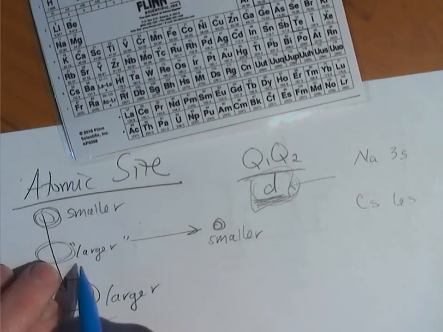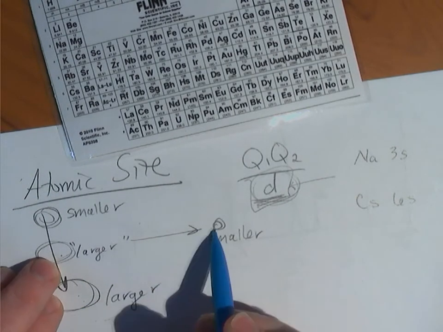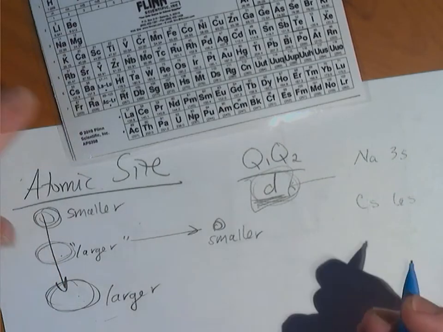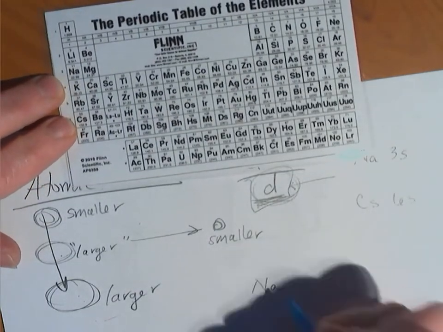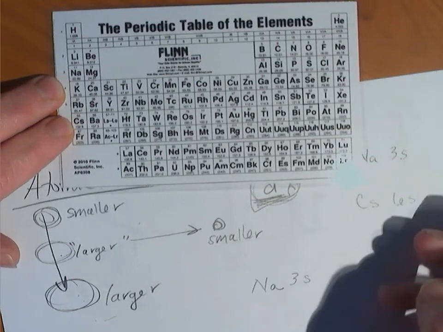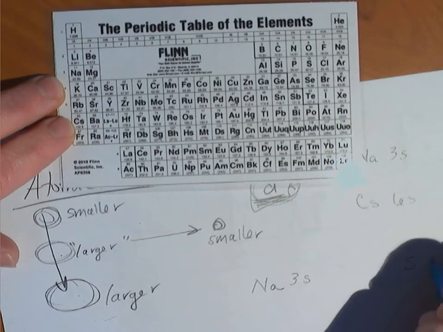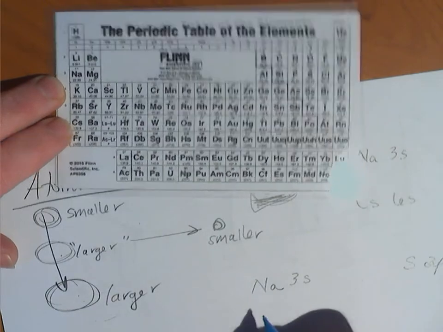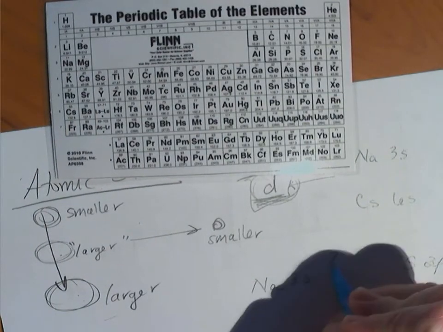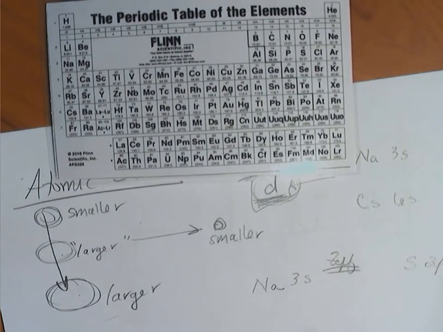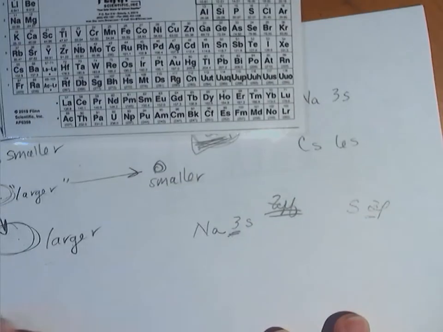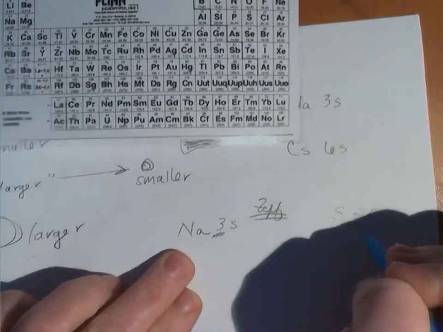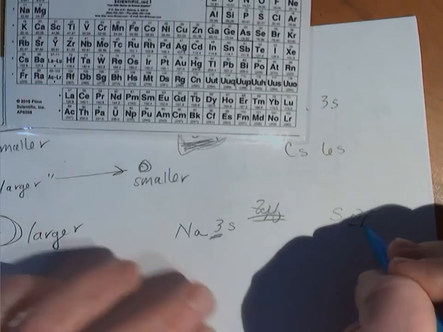Okay, but what about across a period? Across a period, so if we want to do the third period, and let's go ahead with sodium, 3s, and sulfur, 3p. Okay, well then we need to talk about effective nuclear charge, because in essence, these are the same quote-unquote distance, because it's the third energy level.